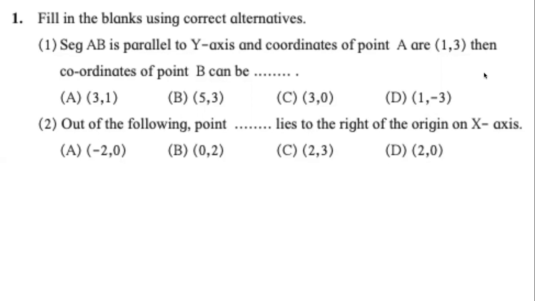The coordinates of point A are given very clearly: 1, 3. What is asked is, what can be the coordinates of point B? And the other information that we know about this line segment is that it is parallel to the y-axis.